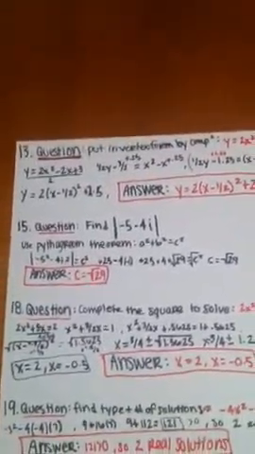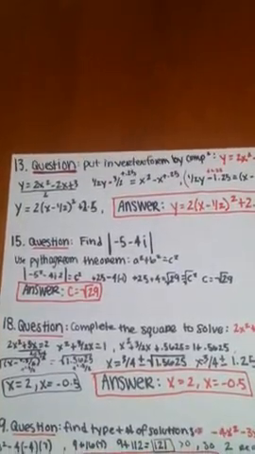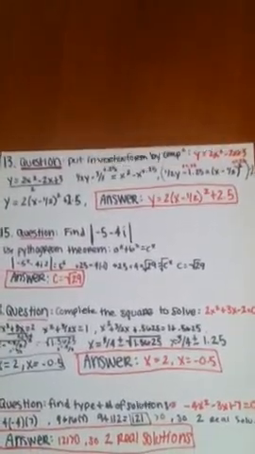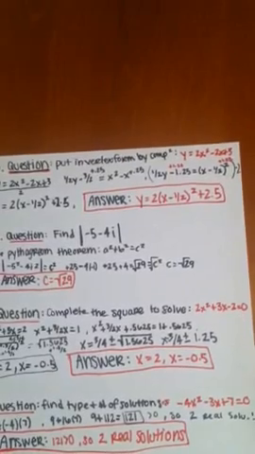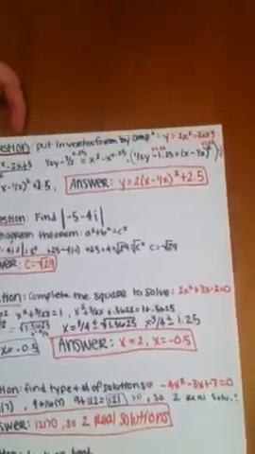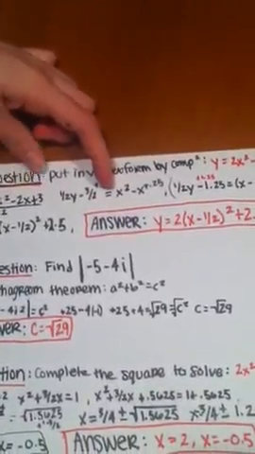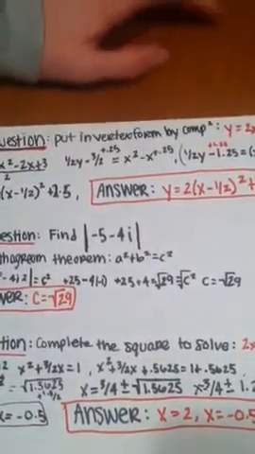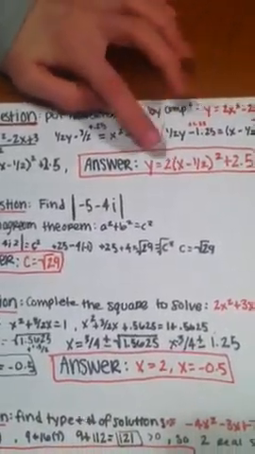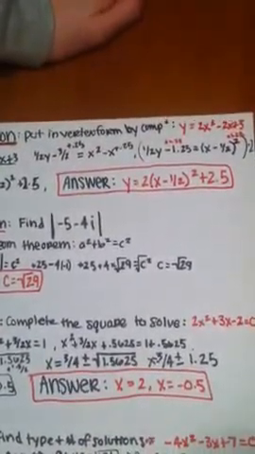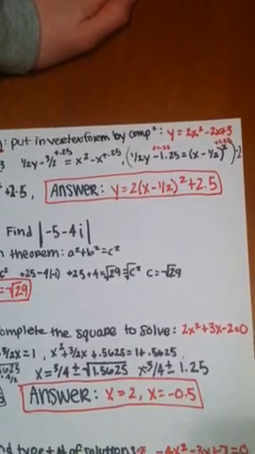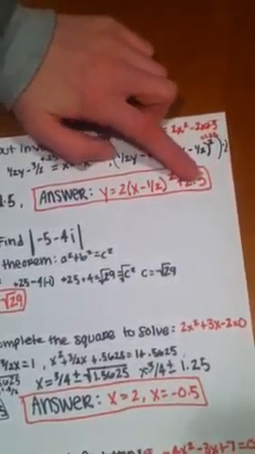Number 13, I didn't separate x from the 2 to have the coefficient be 1, and so I just kind of solved and put 2 in front of the equation, and so this number and this number were wrong.